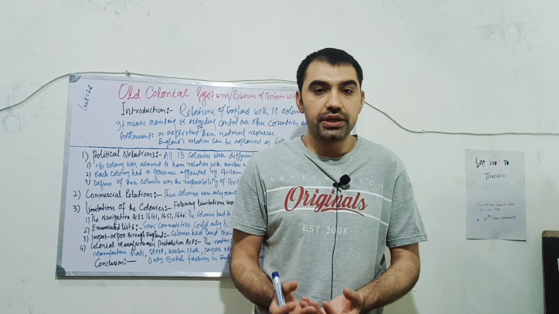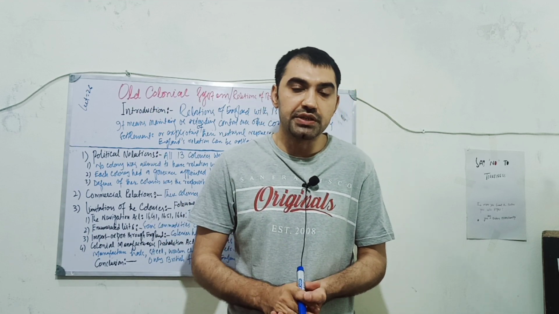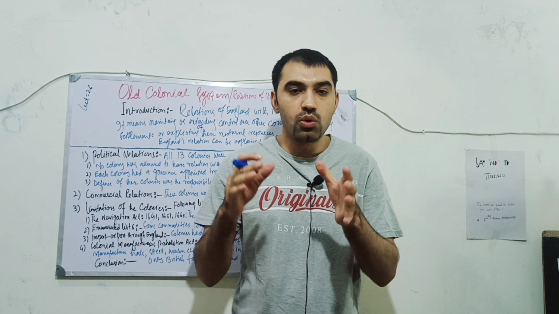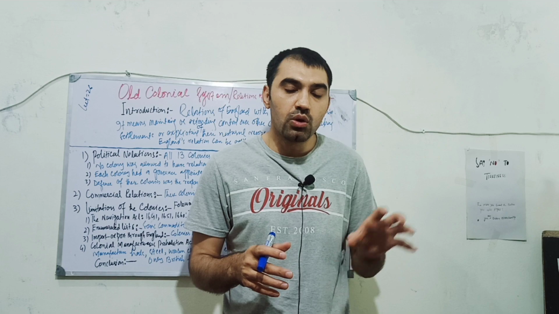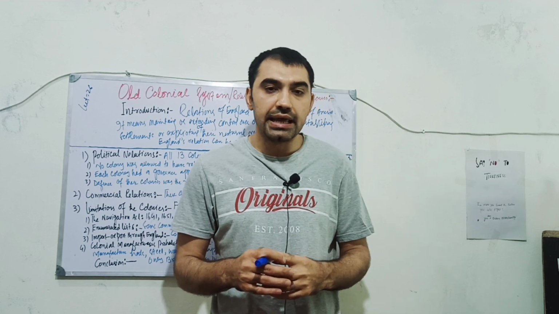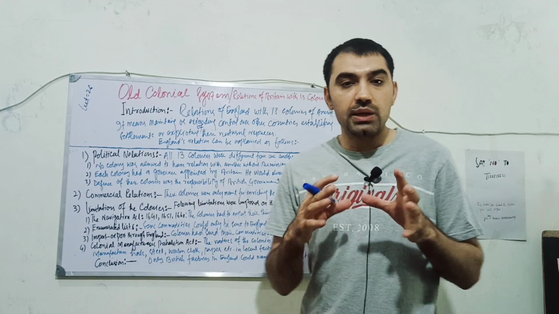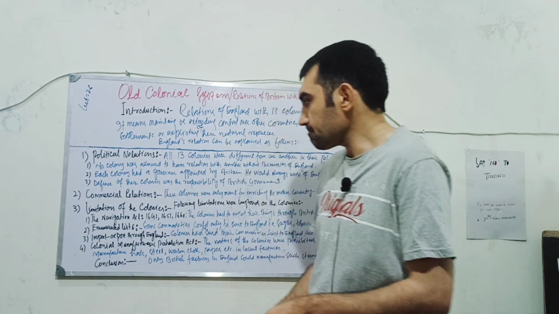It was the policy of Great Britain to send a person as a governor who would decide on behalf of England, and he would always work for the purpose of England.